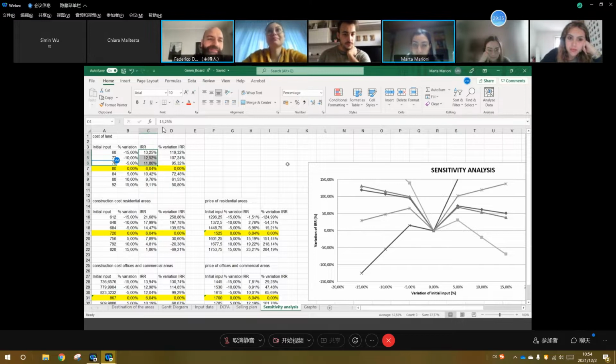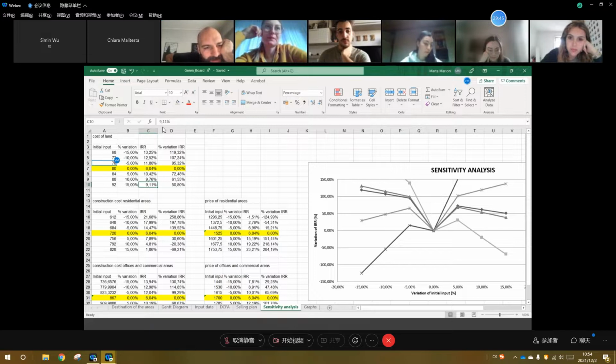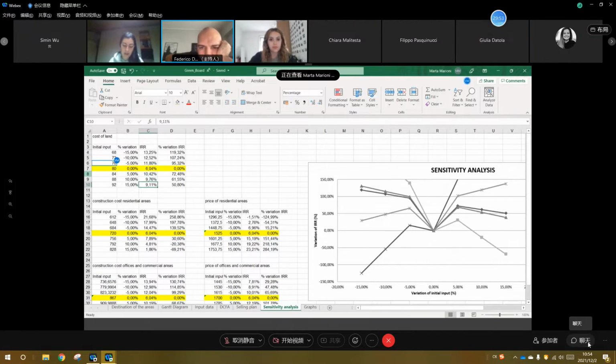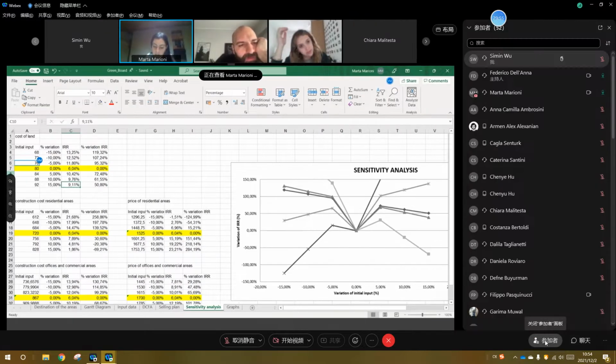It is the cost of land. The ERR of the cost of land is wrong, because the distribution should be similar to the other one that seems more correct. We haven't changed anything of those ones in the Excel file that we downloaded as the base.